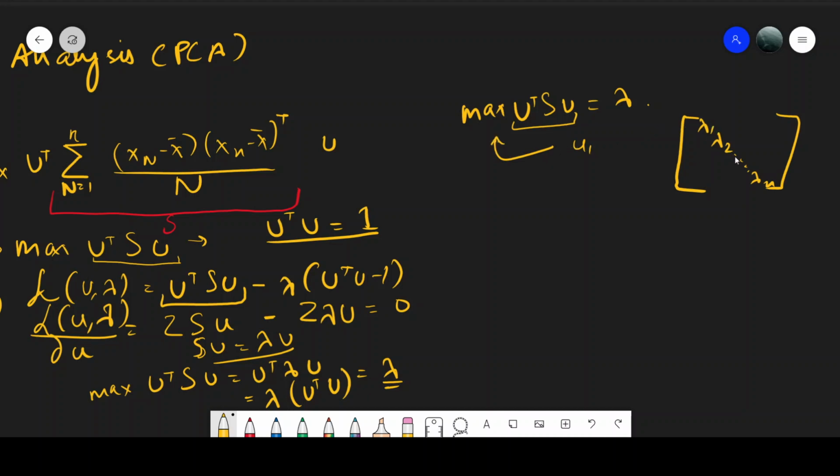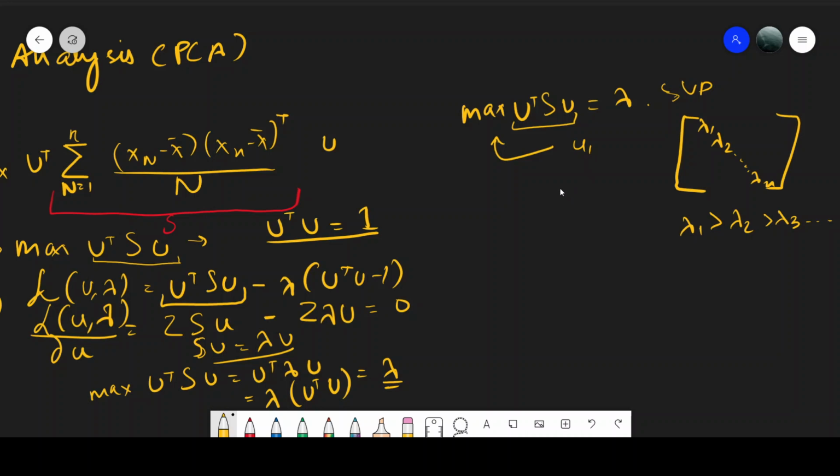So that's what we want to do. We have lambda 1, lambda 2, up to lambda n over here. We use SVD, we find all the eigenvalues, and we take the first eigenvalue, because by default you'll get them in decreasing order. Lambda 1 will be greater than lambda 2, which will be greater than lambda 3, and so on. So the eigenvector that corresponds to the first eigenvalue is the one that maximizes this equation, and that will be the one we use for u1.